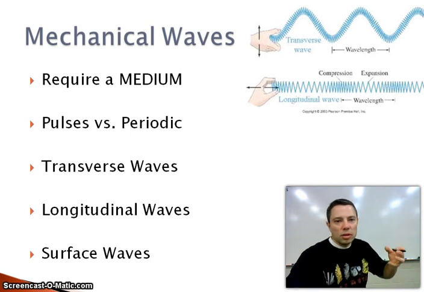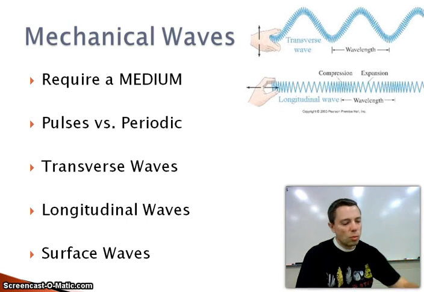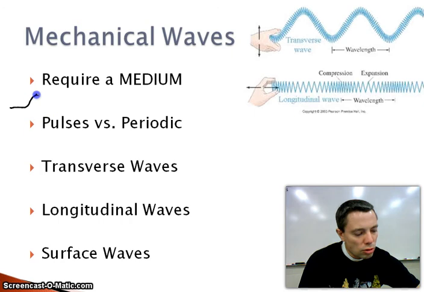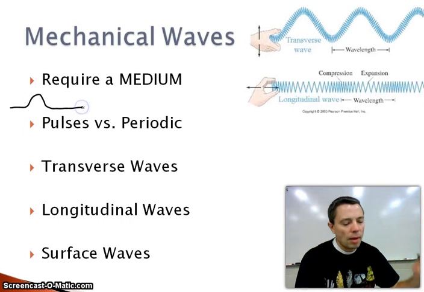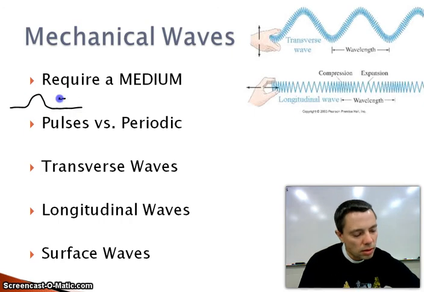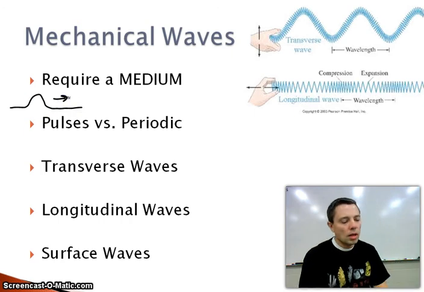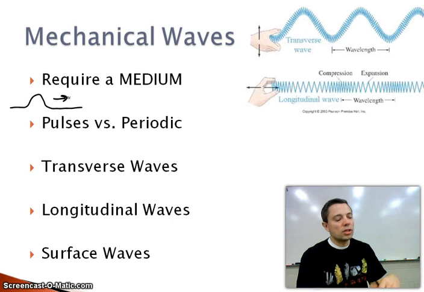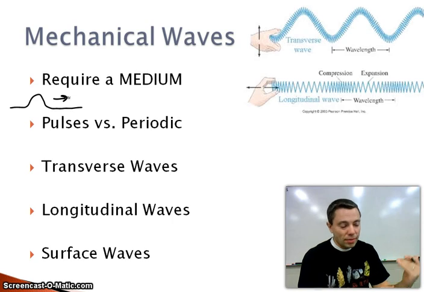My slinky could be the medium that I'm going to try to transfer a wave through. If I did a pulse, I just whip back and forth once and let that wave create this pulse pattern. Now that pulse would be traveling this direction. The matter doesn't travel that direction. It's the wave energy that travels that direction.